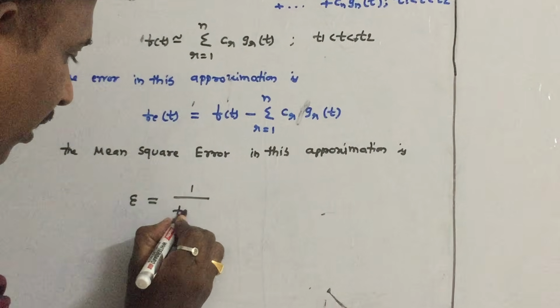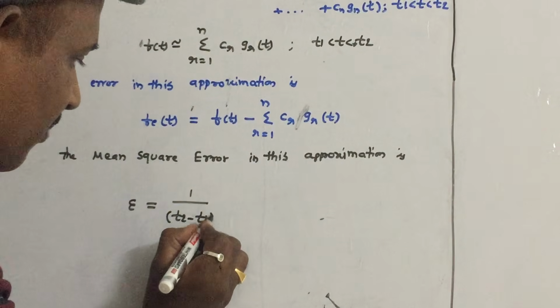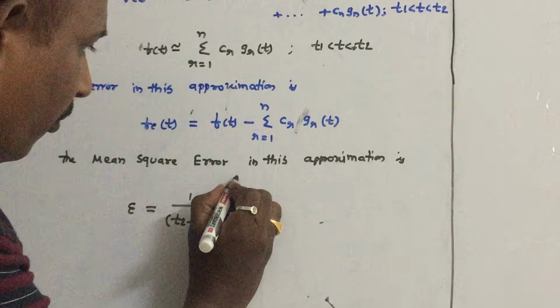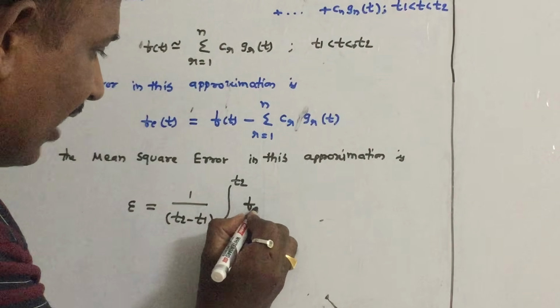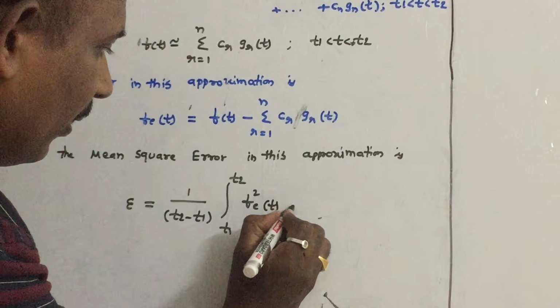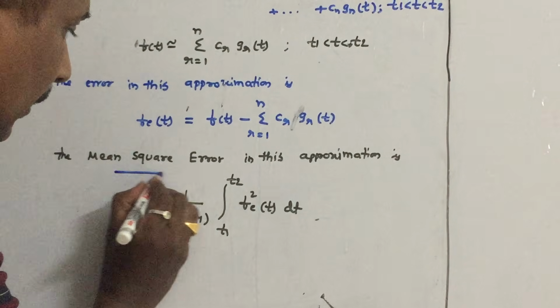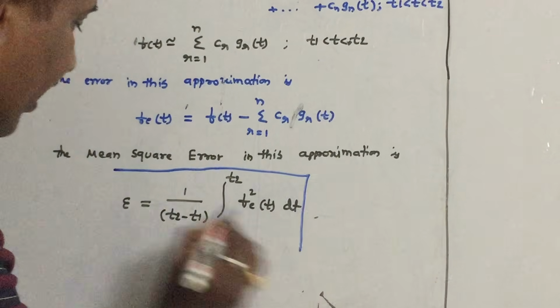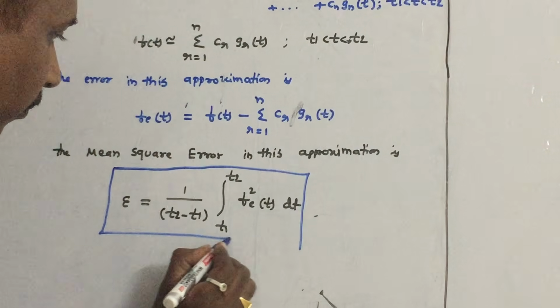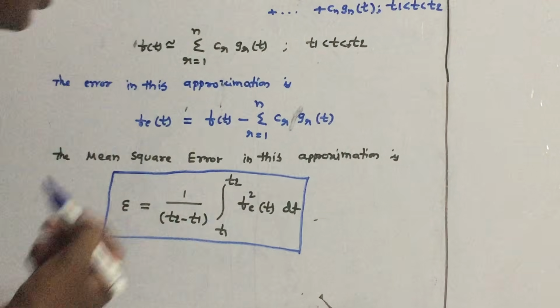That means 1 by t2 minus t1, which is nothing but the mean, integral t1 to t2, square the error, that is fe square of t dt. This is the formula for the mean square error, squaring the error and taking the mean.